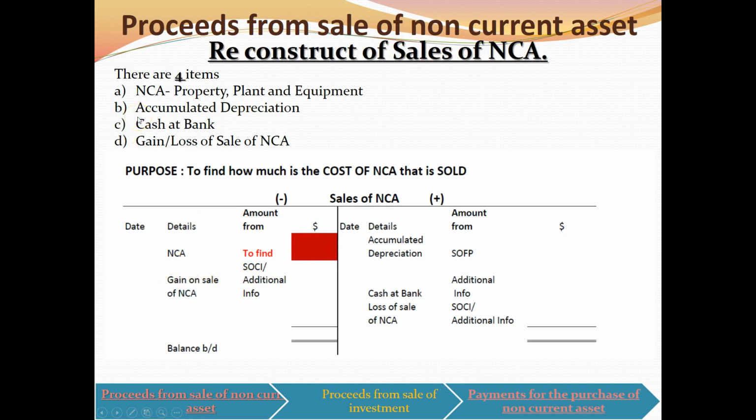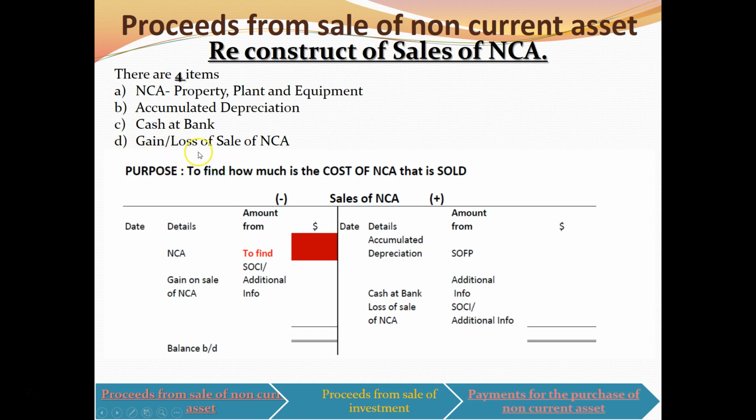The next thing will be accumulated depreciation. This accumulated depreciation can be given from the SOFP, or it can be given as additional information, depending. And then we have cash at bank, which is how much we sell it for, and that will be under additional information.